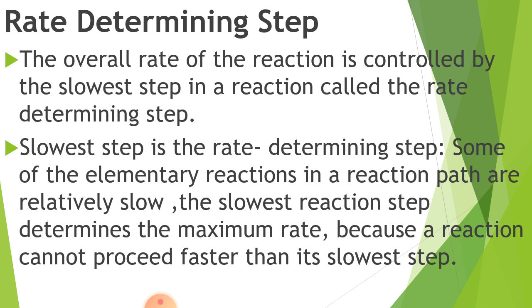Some of the elementary reactions in a reaction path are relatively slow. The slowest reaction step determines the maximum rate because a reaction cannot proceed faster than its slowest step. So that means for determination of the rate, we have to find the slow step in that reaction.